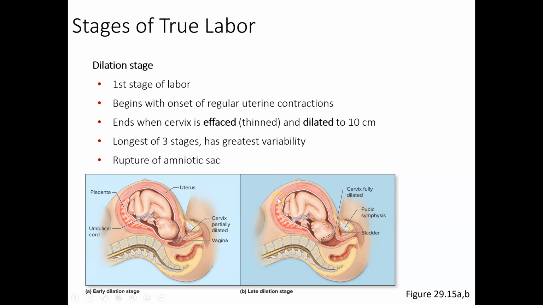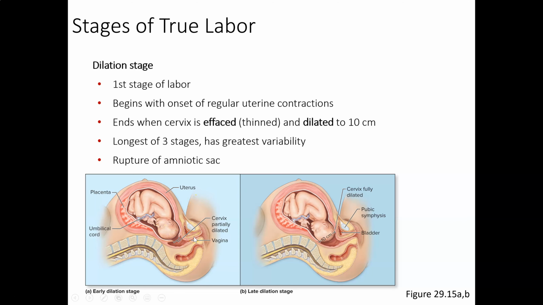That's usually what we say when the water breaks. Sometimes you need to manually rupture the water, basically the amniotic sac, to help the labor go to the next stage.